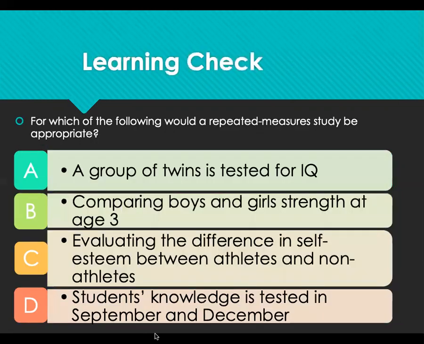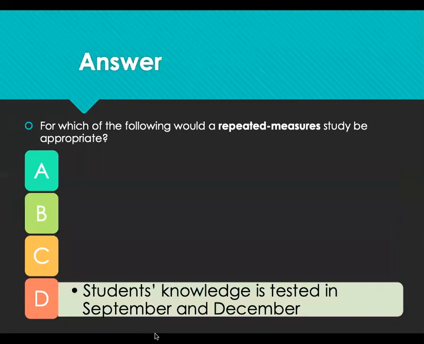In all of those other examples, you had 2 different sets of participants, right? Boys and girls, athletes and non-athletes, twin A and twin B. So those would not be repeated measures, because repeated measures uses the same exact group of participants twice.